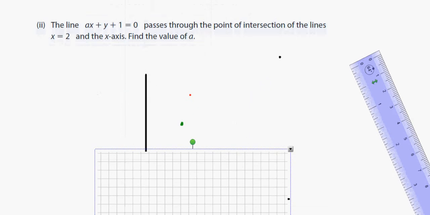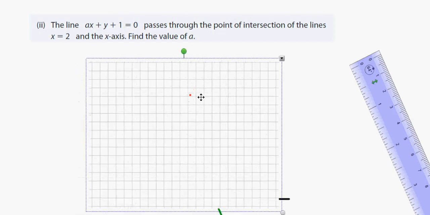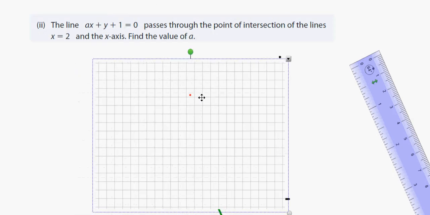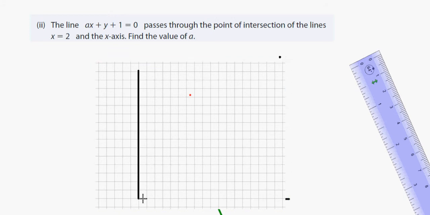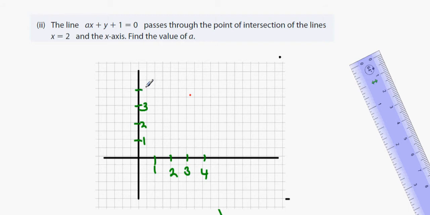So we have our xy axis, and we can draw it out like so, and let a gap of 2 be worth 1 in this case. So that's 1, 2, 3, 4. This can be y equals 1, y equals 2, y equals 3, y equals 4, y equals 5.